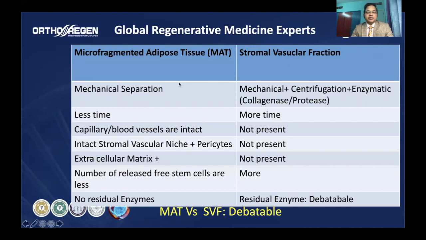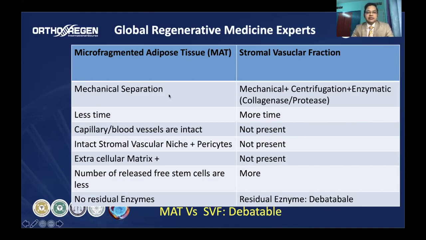In MAT, there is a mechanical separation, so we are mechanically separating the stem cells. But in stromal vascular fraction, there is mechanical centrifugation, and you are also using enzymes like collagenase and protease to break down the matrix of the adipose tissue to release more stem cells.